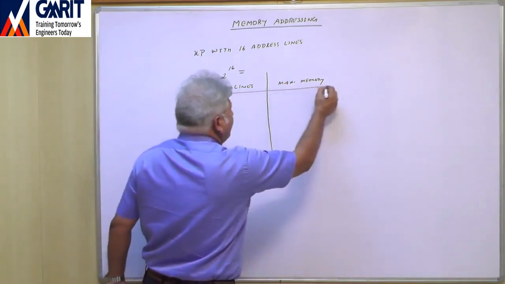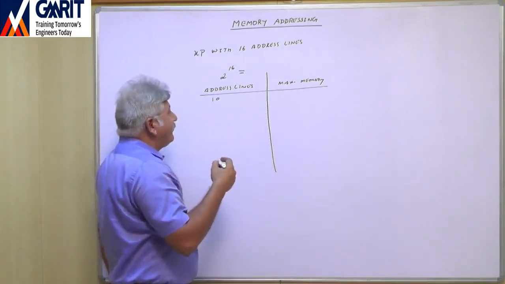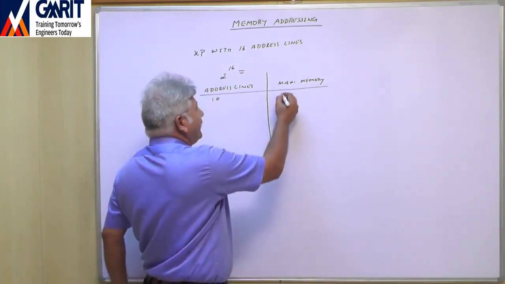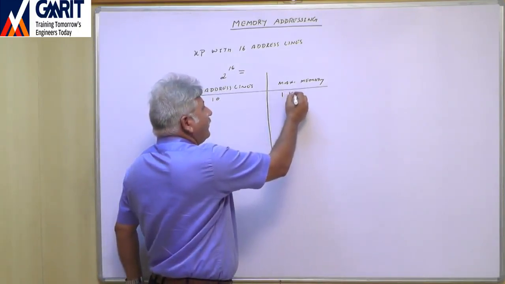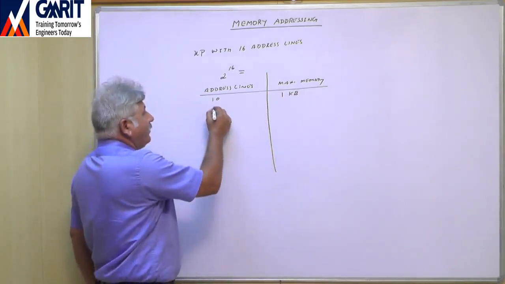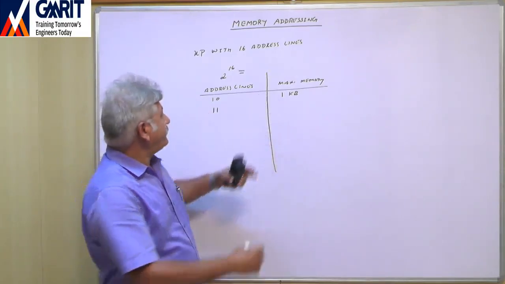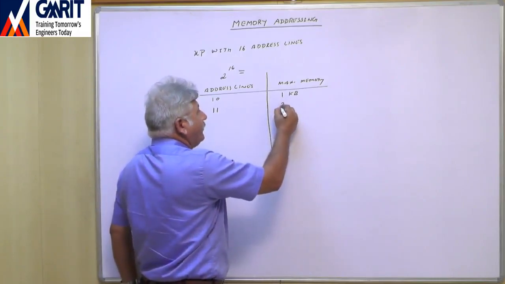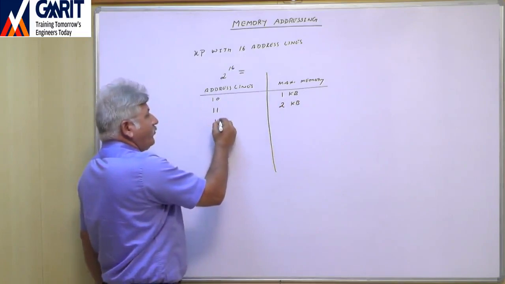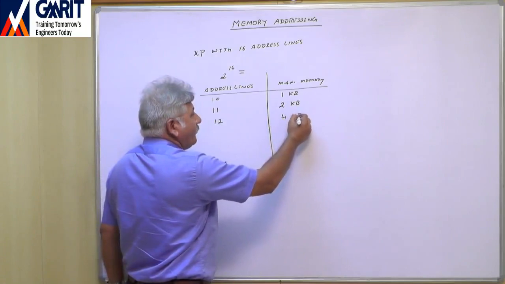If there are 10 address lines, then, as we discussed in the previous lecture, with 10 address lines we can connect 1 KB memory. If there are 11 address lines, then just double it. It will be 2 KB. If there are 12 address lines, then we can connect maximum 4 KB memory.